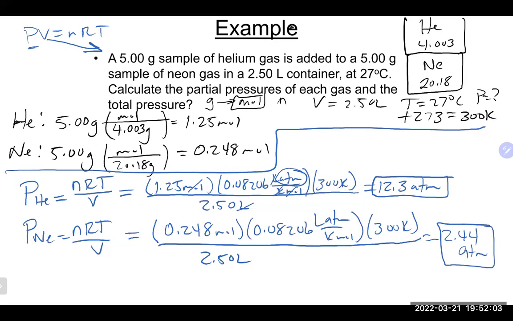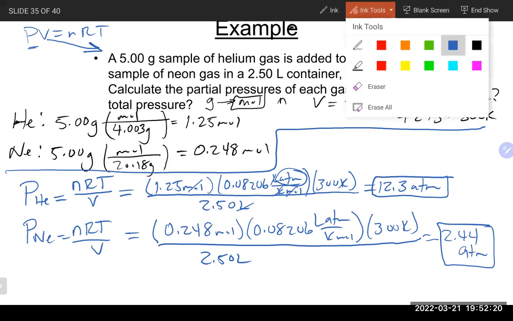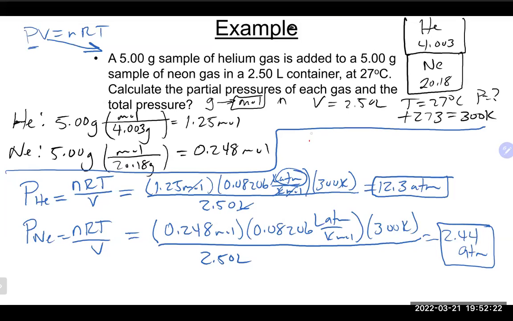First off, any questions on any part of that calculation? Really just an ideal gas law like we talked about previously. Again, we just call these partial pressures because they're both in the same container. They're both contributing to the overall pressure. The total pressure can be found by doing what? The total pressure here would be the partial pressure of helium plus the partial pressure of neon, which means we simply need to add both of those numbers together.